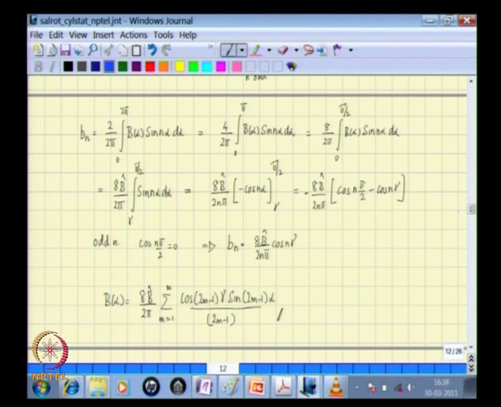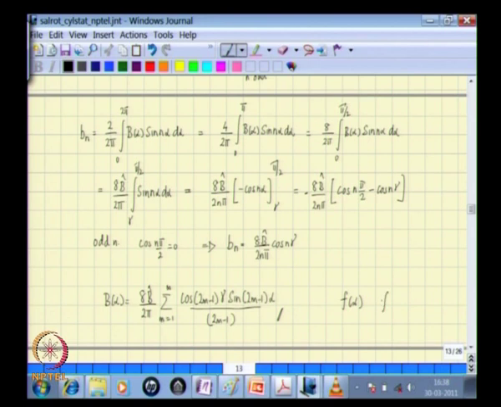position of the rotor, and that is easily done because what we have determined is a function f of alpha, and as the rotor rotates by a certain angle, we have said that this waveform also bodily moves.